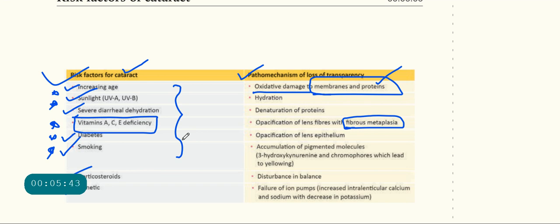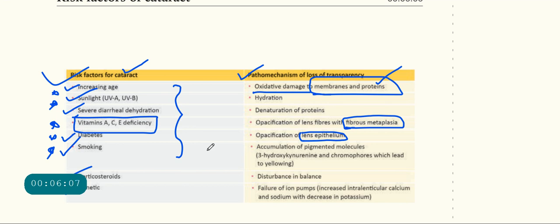Now, diabetes is a risk factor for cataract. It causes opacity of the lens epithelium, which ultimately leads to cataract.